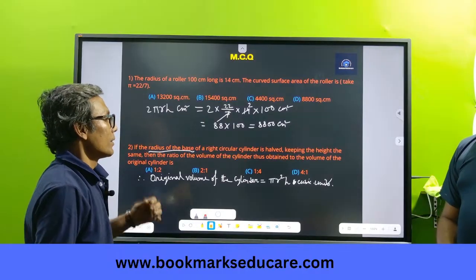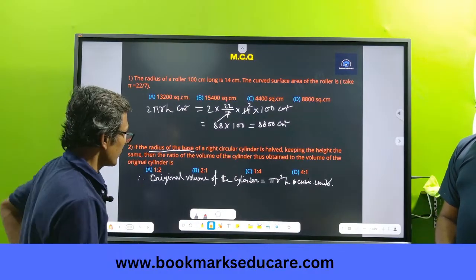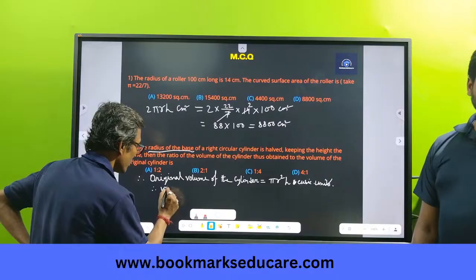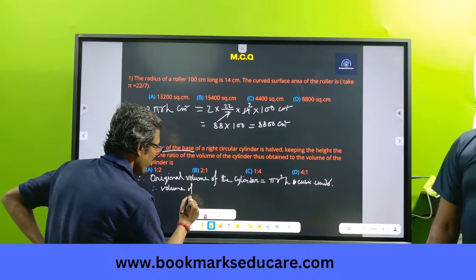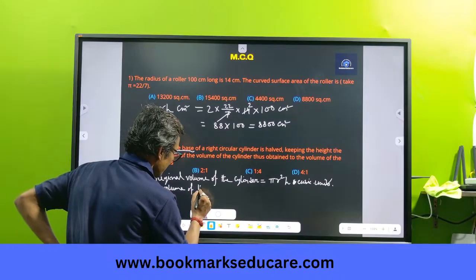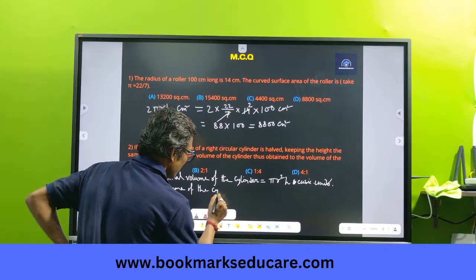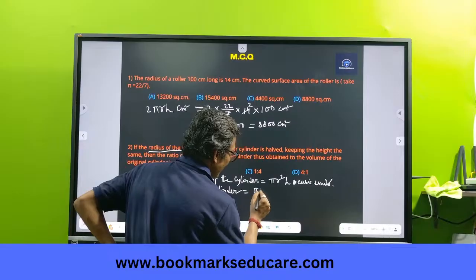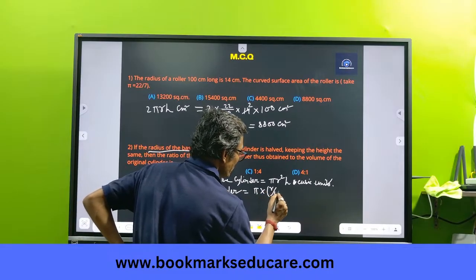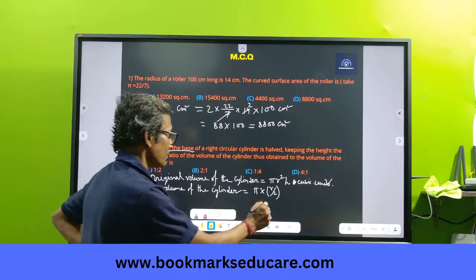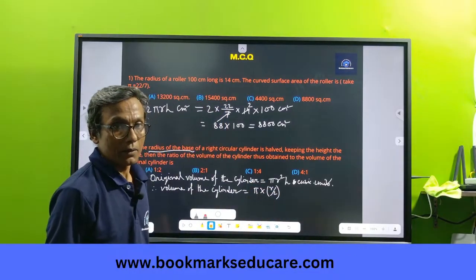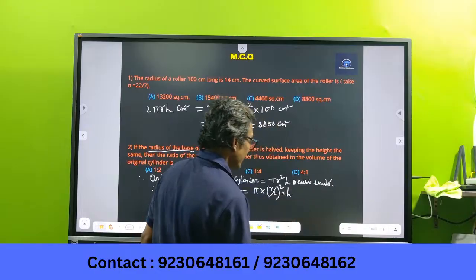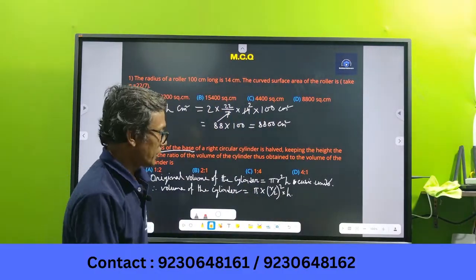If we make the radius half, then the volume of the cylinder will be pi (r by 2) square h, because we make the radius half of the original. But the height remains unchanged.